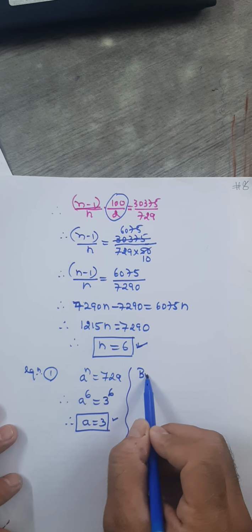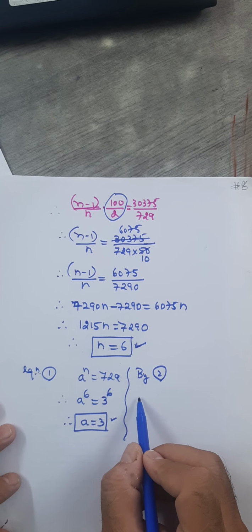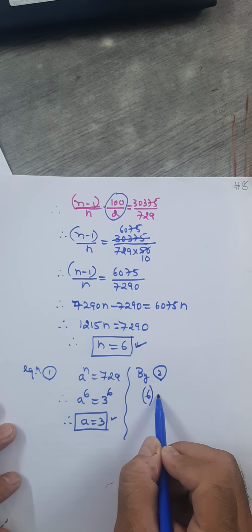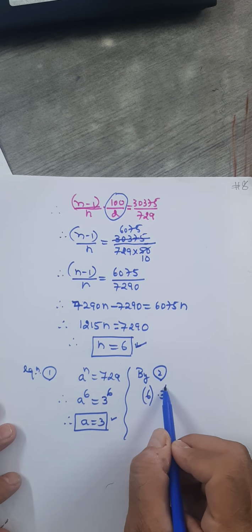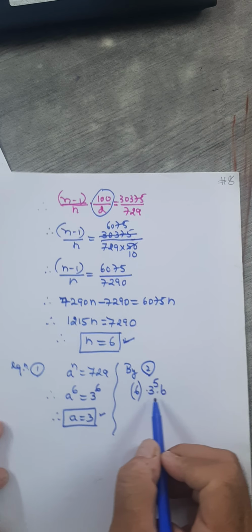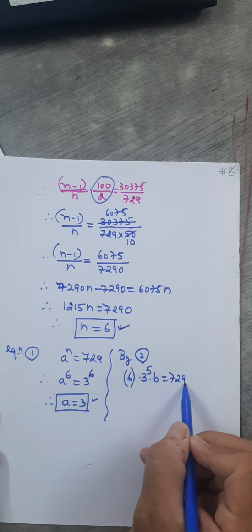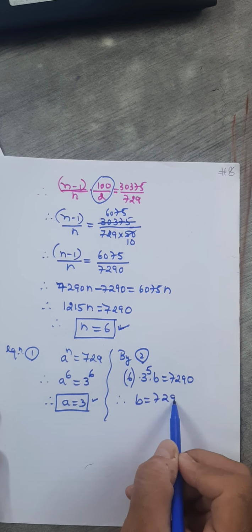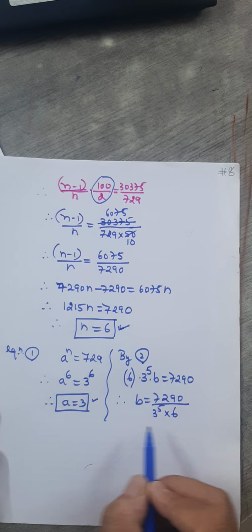So by equation 2 again, what's n here? 6. What is a? 3. So 3 raised to 5 into b equals 7290. So b equals 7290 upon 3 raised to 5 into 6.